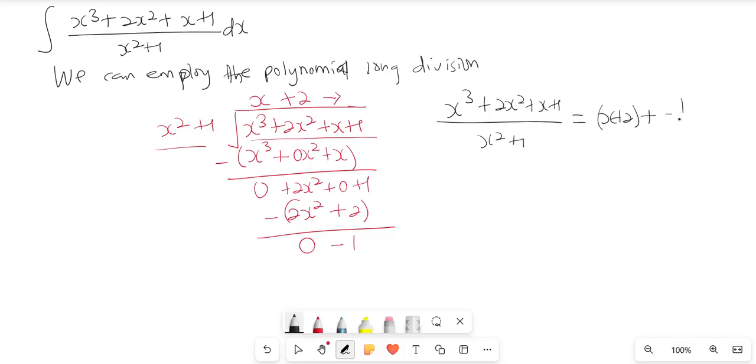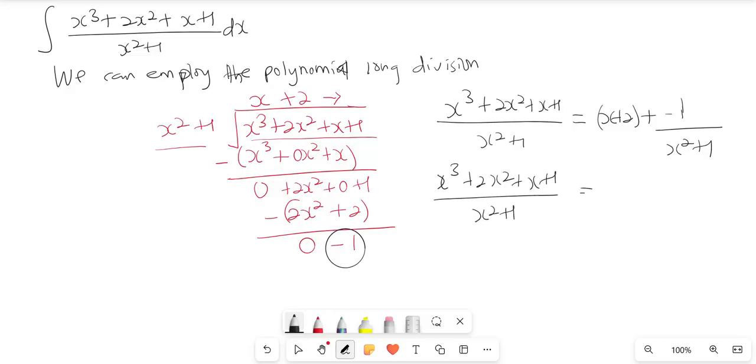The remainder is negative 1, divided by the denominator, which is x squared plus 1. So this should be equal to x plus 2 minus 1 over x squared plus 1.